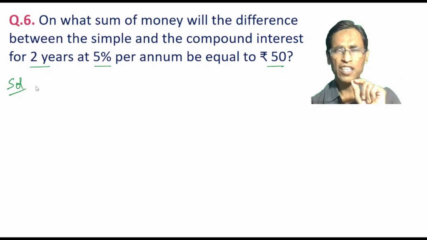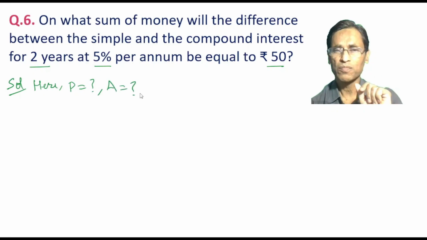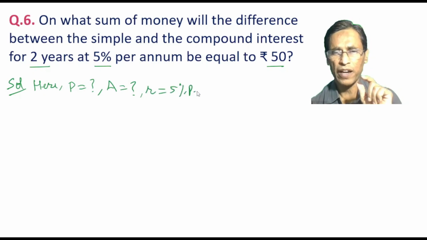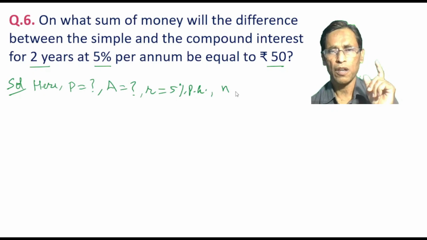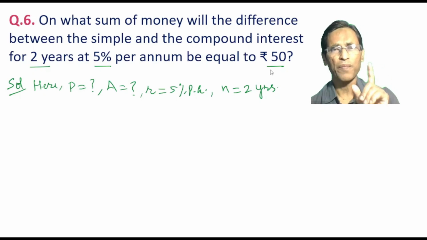By collecting the information we have here, P is unknown, A is also unknown, R is 5% per annum, number of years 2 years, and the information of the difference between the compound interest and simple interest, which is 50 in rupees, will be considered later on.